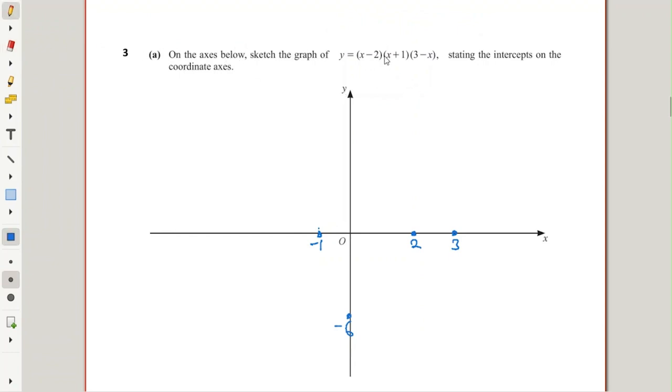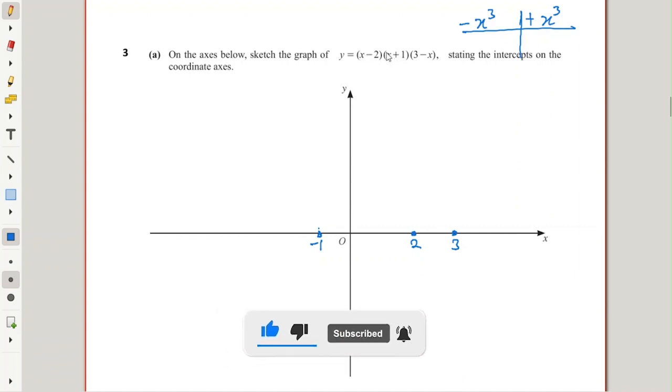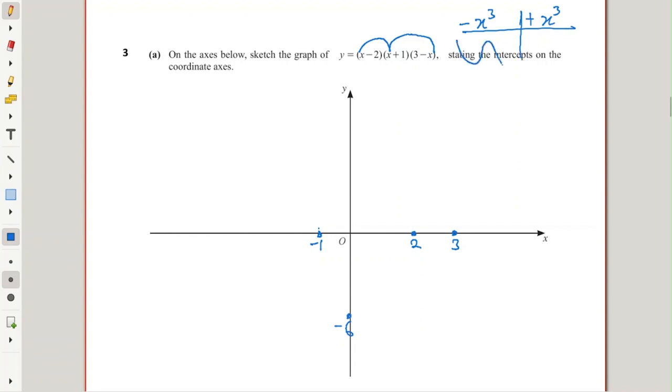Now the shape of your cubic curve depends on the coefficient of x cube, whether it is negative or positive. Now let's check whether this one is positive or negative. X times negative x. If it's negative, it's going to start by going down and end by going down.